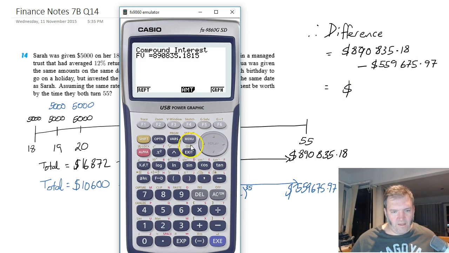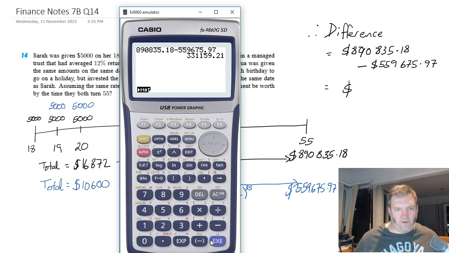So we'll quickly do that, and then I'll show you the way that you could save yourself a lot of time while you're doing it. So 890,835.18, and we subtract 559,675.97. 331,159 and 21 cents.